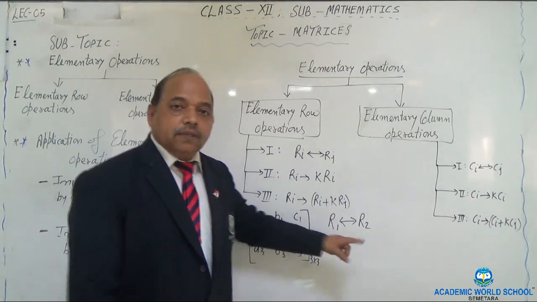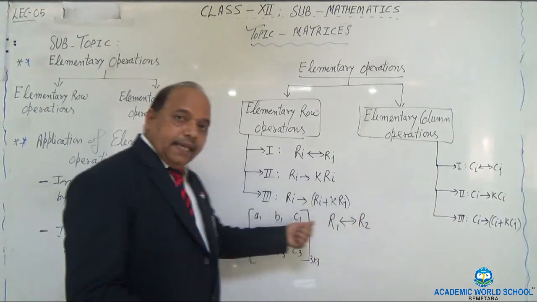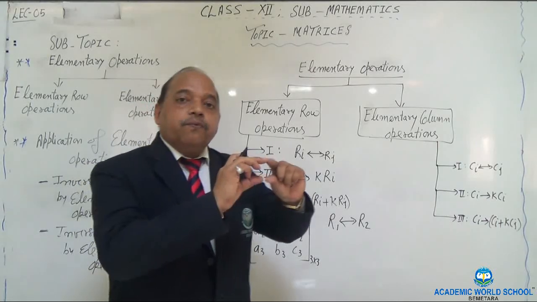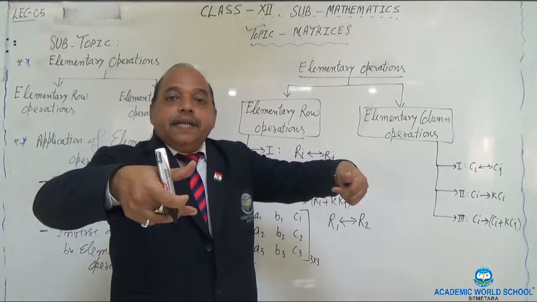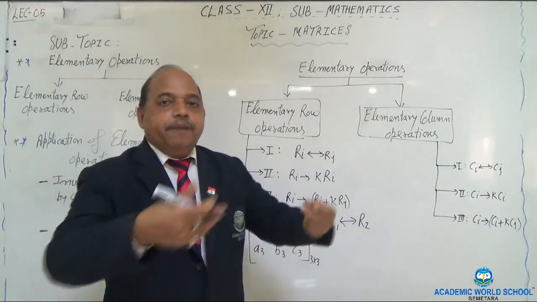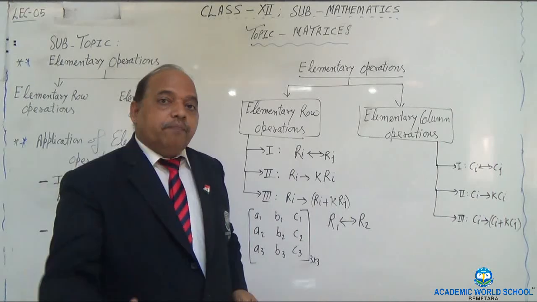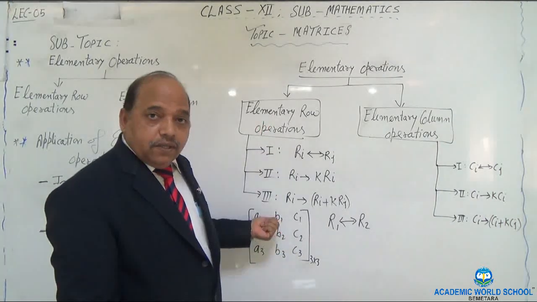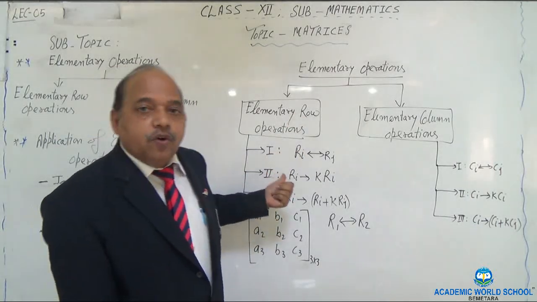Once you have written this, what will change in the matrix? In place of the first row, you will write the second row's elements, and in place of the second row, the first row's elements will be written. The new matrix is obtained after applying this row operation.